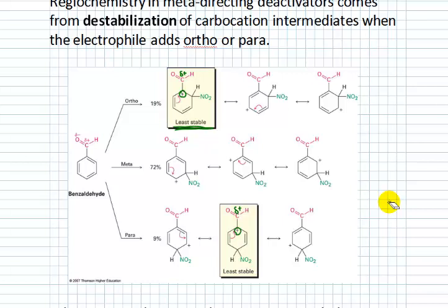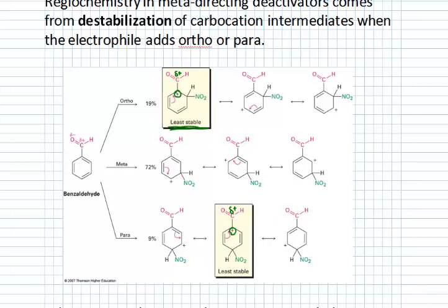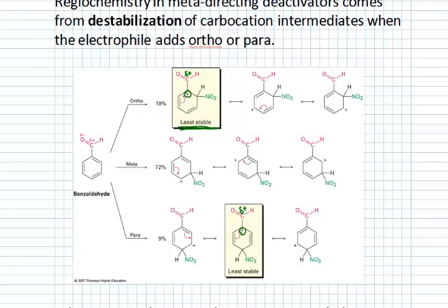It's sort of the lesser of two evils, right? Lesser of three evils, I guess we'll think of it that way. So that's going to be important for us to consider in a few minutes when we're talking about whether activating or deactivating groups will win out when we have both of them on a ring.